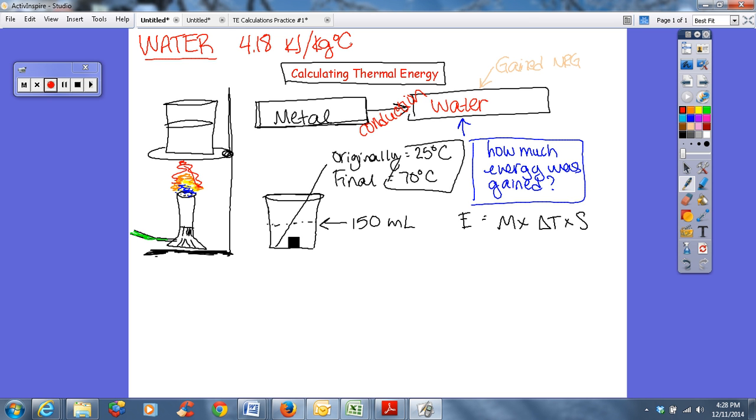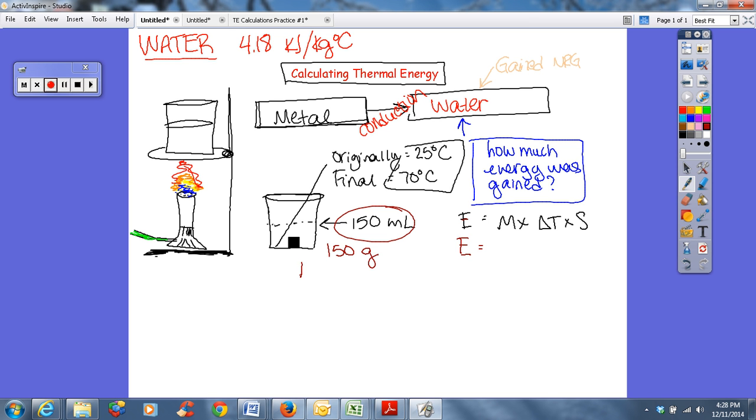All right, so when you work out this problem, you're just going to plug in the information that you know and leave what you don't know as its symbol. So energy we don't know, we're trying to figure that out, equals the mass of our substance, and the mass has to be in kilograms. So if we have 150 milliliters, that's 150 grams.